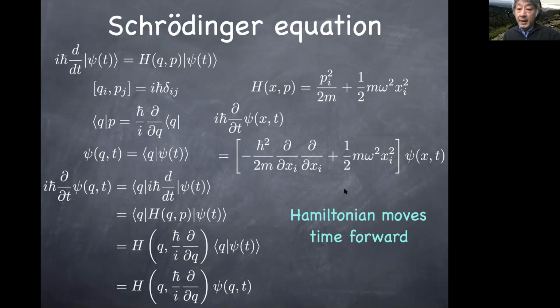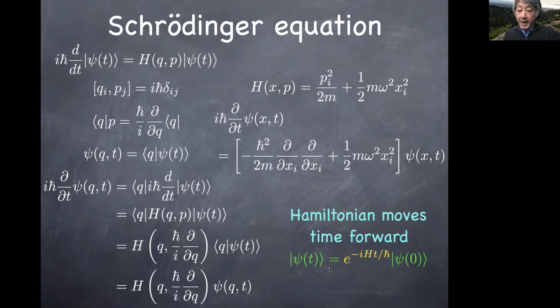Therefore, I can write an abstract, symbolic solution to the Schrödinger equation, that psi evolves in time according to the unitary operator, which is just the exponential of the Hamiltonian in the exponent times minus it over h bar.